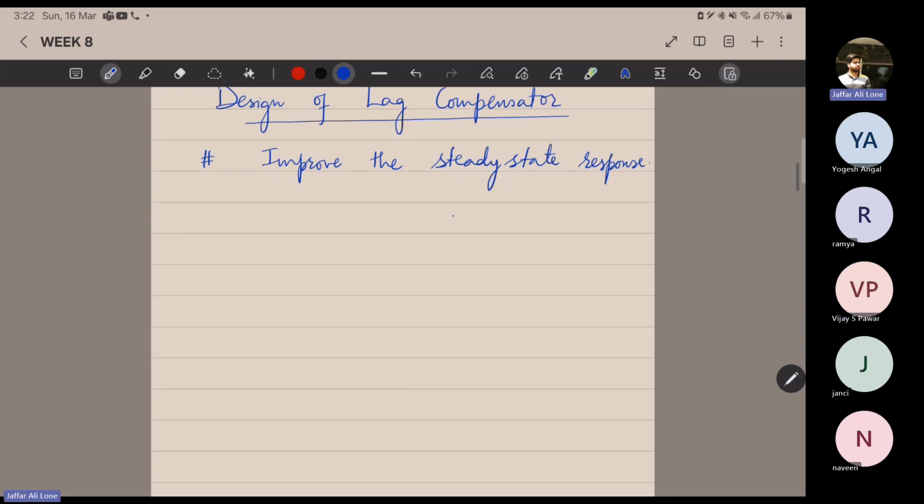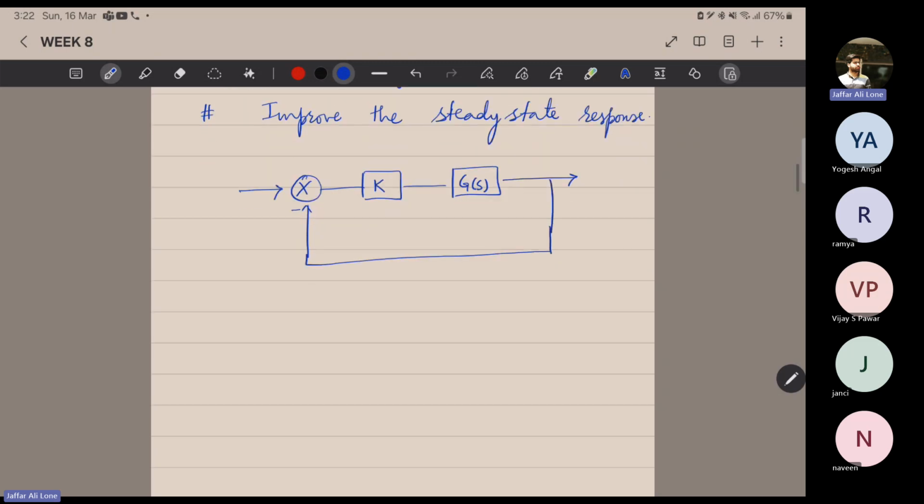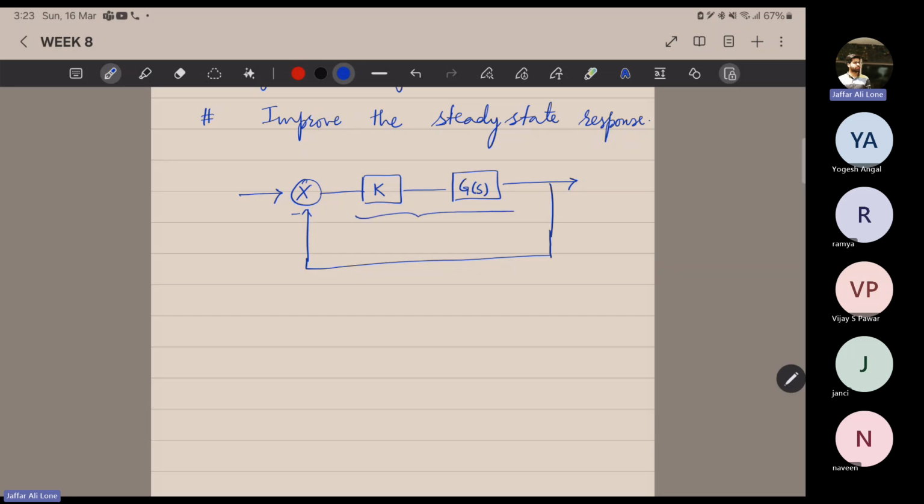For example, if we have a system G(s) with some gain K, and let's assume this is a type 0 system, there are no poles at the origin, then this open loop transfer function KG(s) we can write as K as it is.